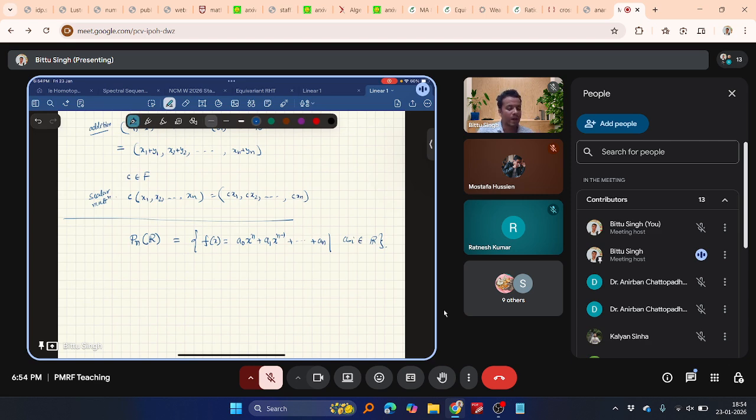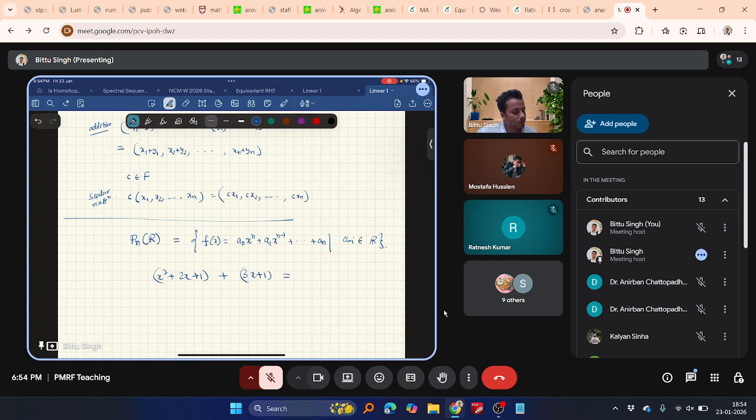So can we add any two polynomials? Yes, the same procedure. Let me give an example. x squared plus 2x plus 1 is one polynomial. Another polynomial is 3x plus 1. Those are two vectors.